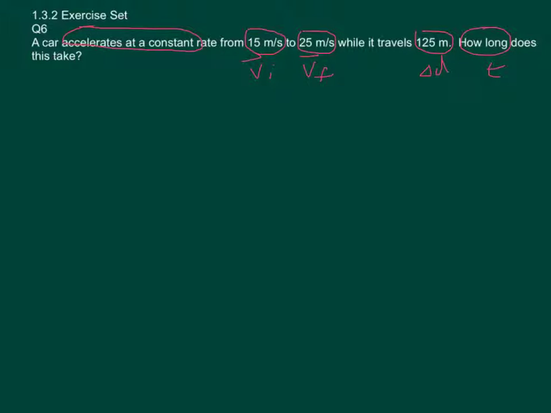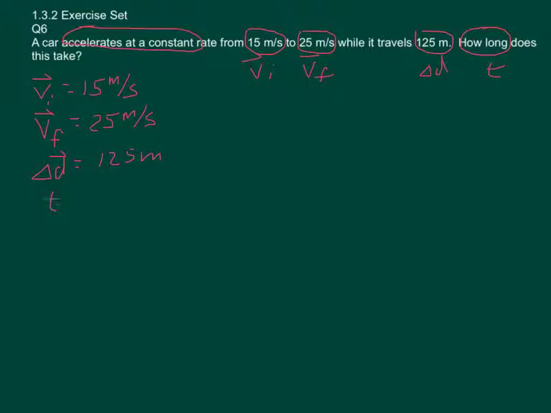Let's get these jotted down. What we know, VI equals 15 meters per second. Velocity final, VF, is 25 meters per second. Displacement is 125 meters.